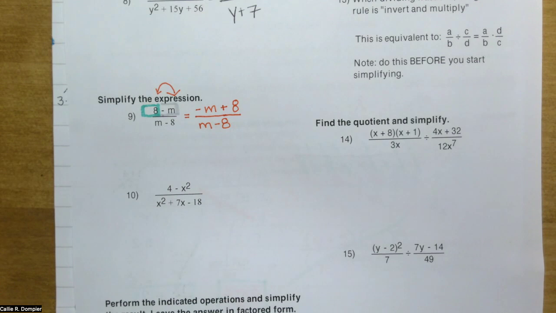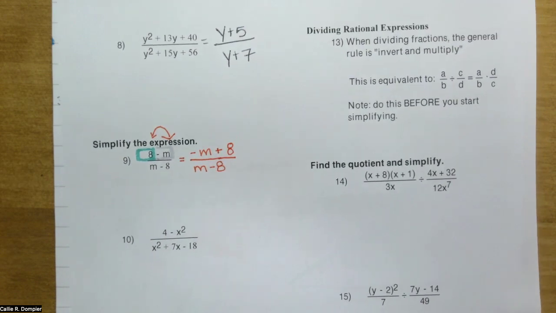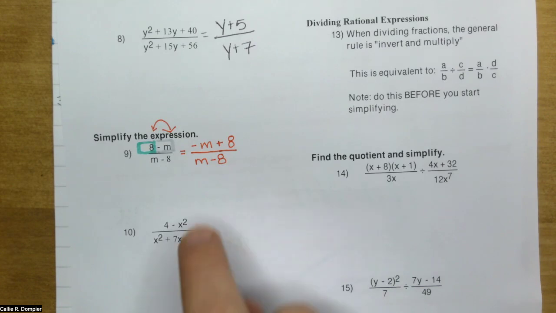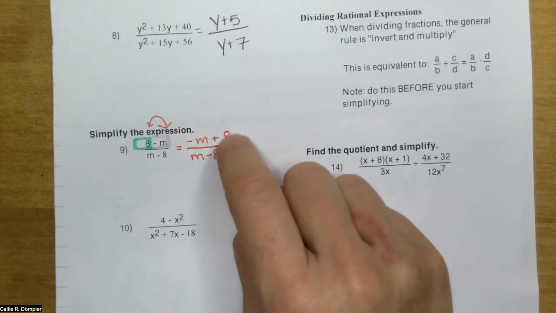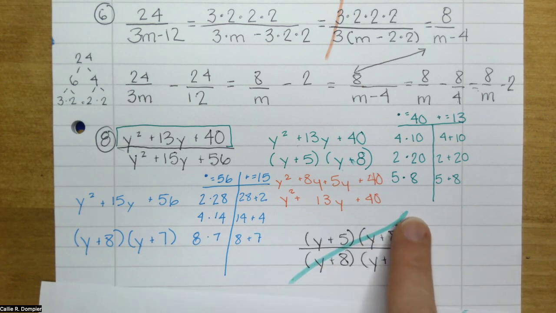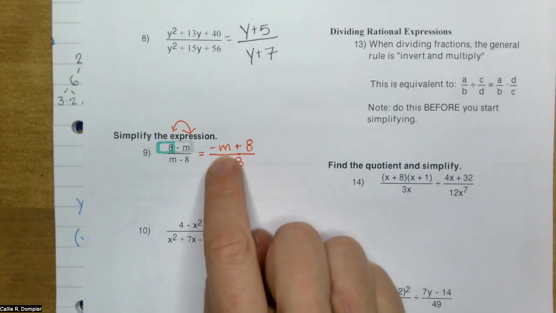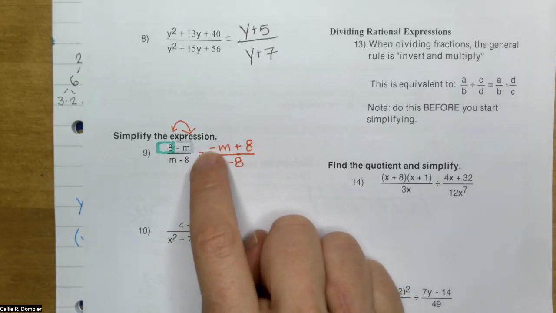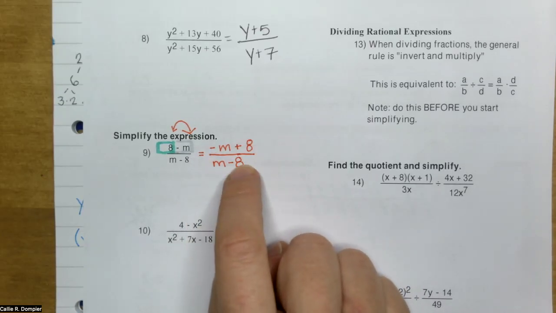Can we simplify negative m plus 8 divided by m minus 8? Well, they look like they could almost be simplified, right? To the number 1. It looks like almost the same term, right? Here we took out y plus 8 because it was common to the top and the bottom. This is m plus 8, but it's a negative m plus 8 divided by m minus 8.